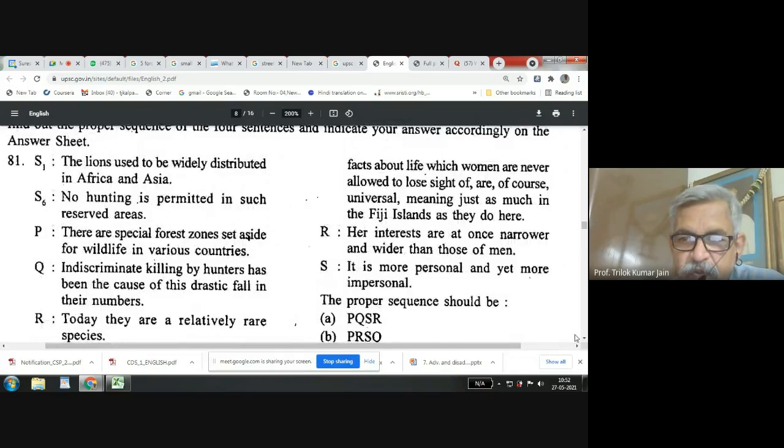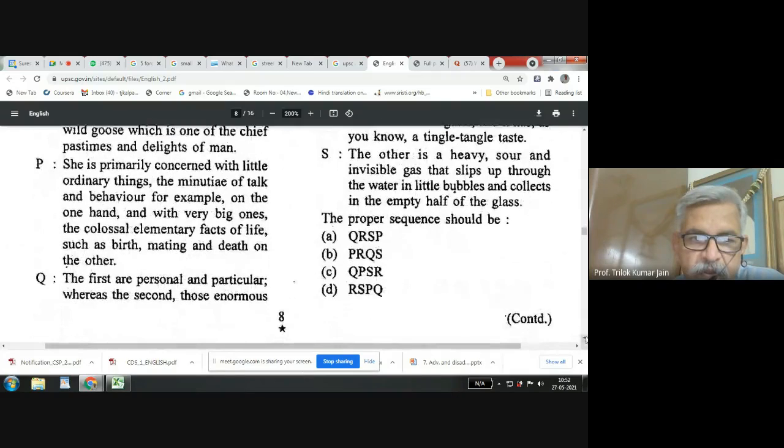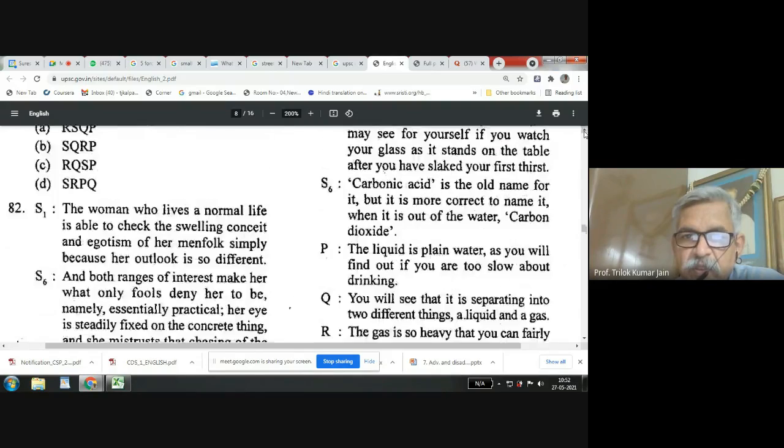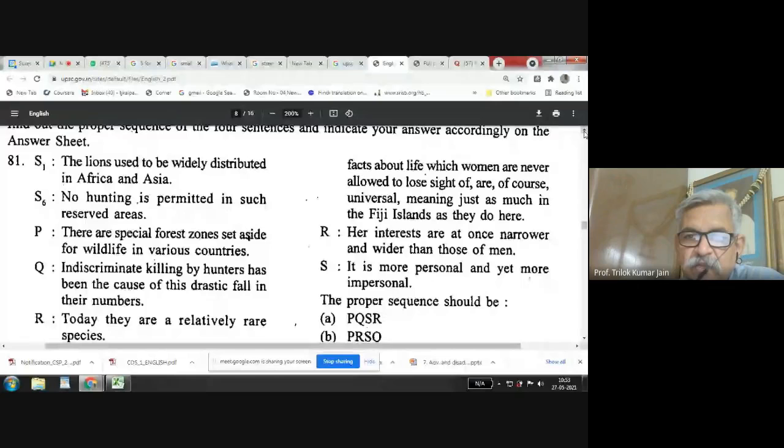And Q: the first are personal and particular, whereas the second, those enormous facts about life which women are never allowed to lose sight of, are of course universal, meaning just as much in the Fiji islands as they do here.